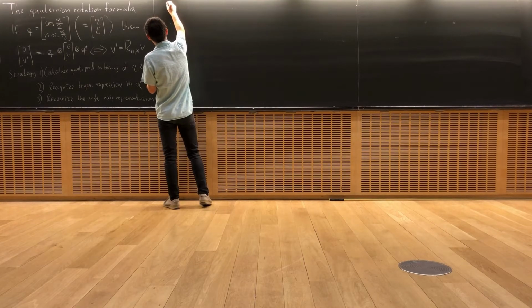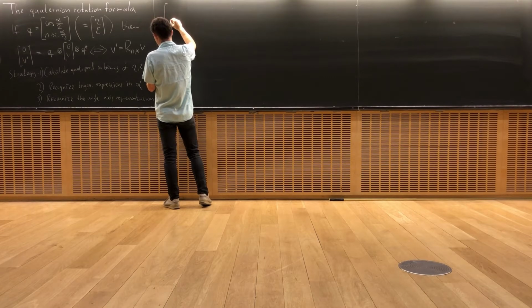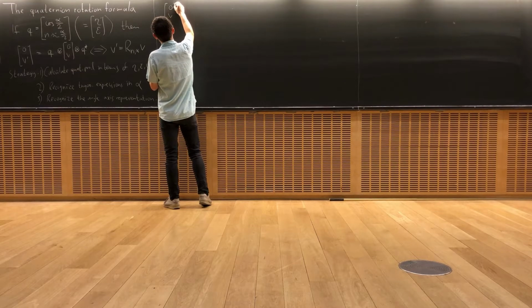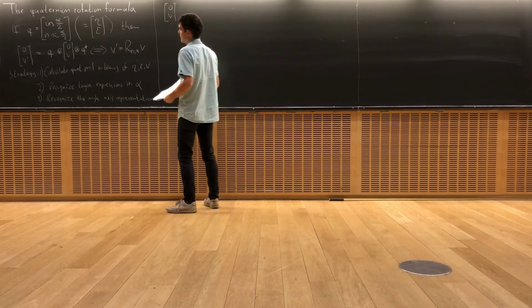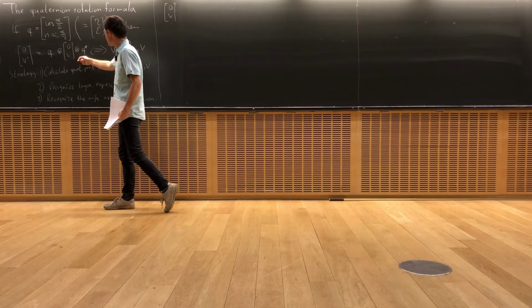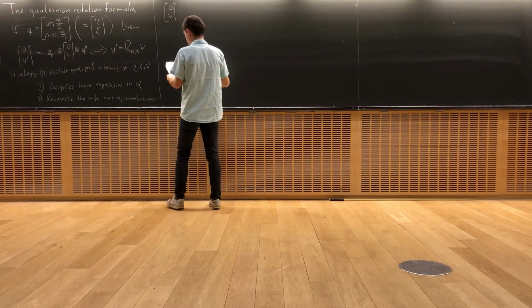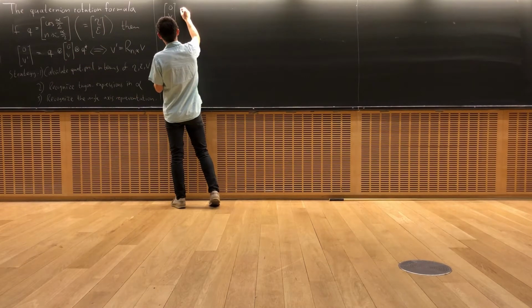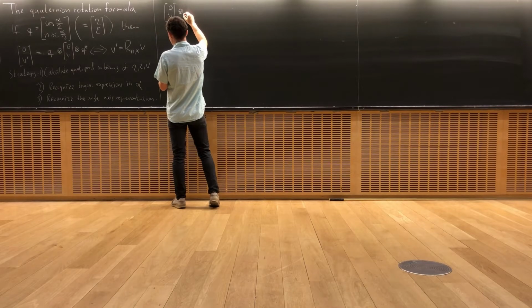With spelling out the details of the quaternion product. So let me first take this part. So the V times the conjugate quaternion.